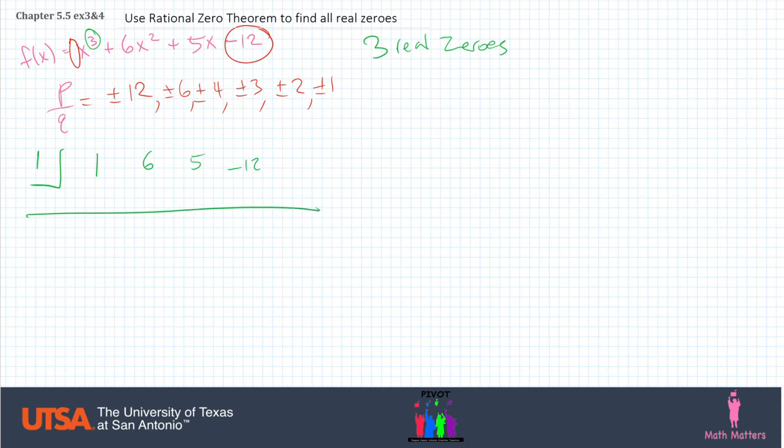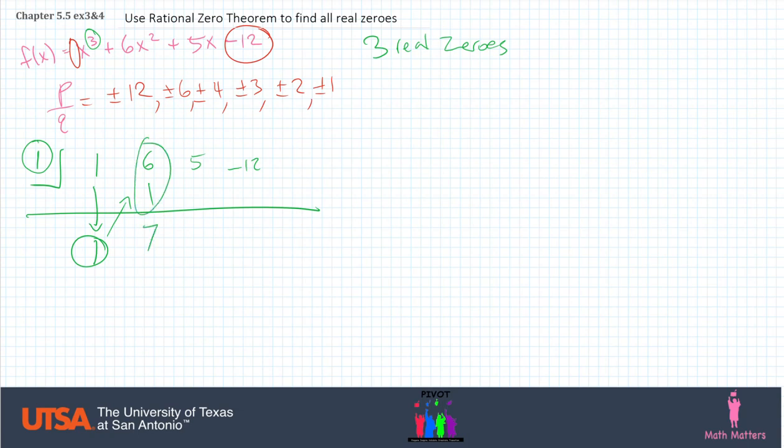The first thing you do in synthetic division is pull down the first value, which is just 1. You multiply it by the test value and place it up here. So 1 times 1 is 1. Since it's positive, you add these two: 6 plus 1 is 7.